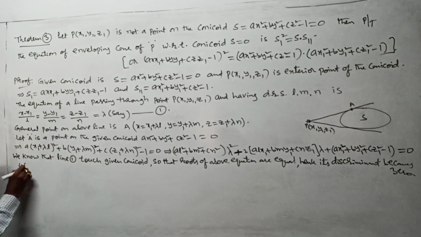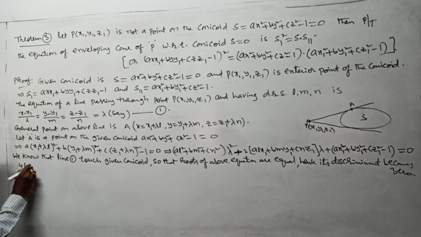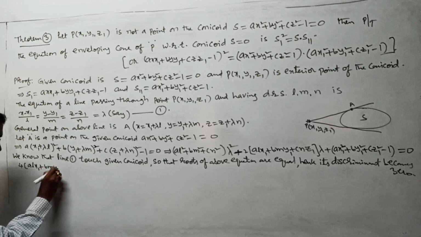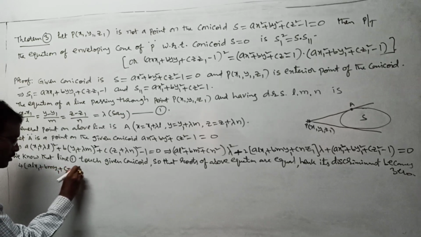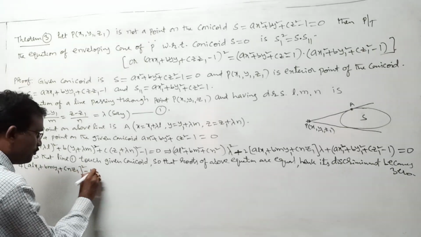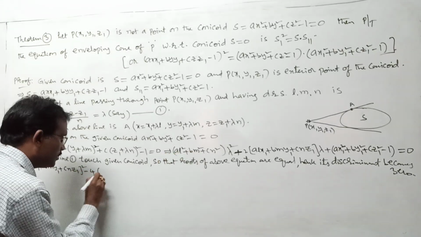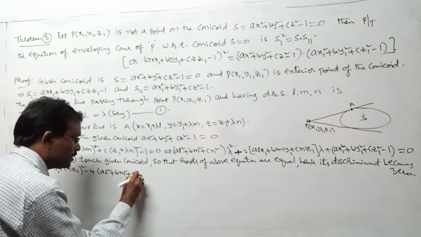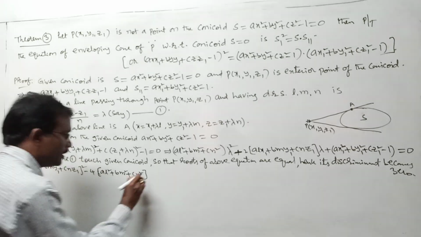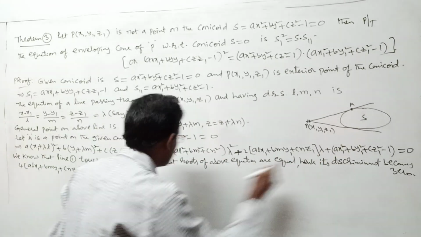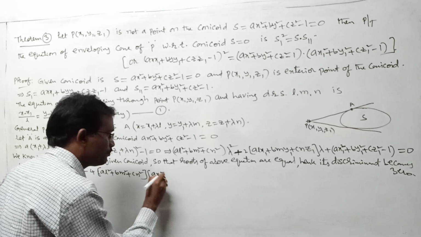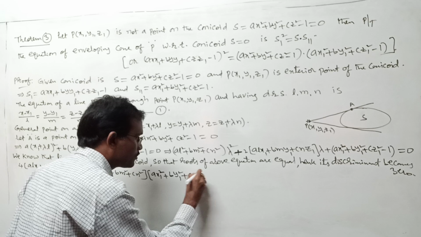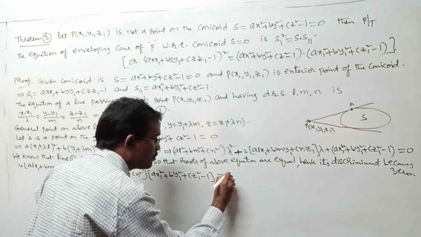B square means 4 into (a l x1 plus b m y1 plus c n z1) whole square. Then minus 4ac: a is this, a l square plus b m square plus c n square, into 4ac, this is (a x1 square plus b y1 square plus c z1 square minus 1), equal to 0.